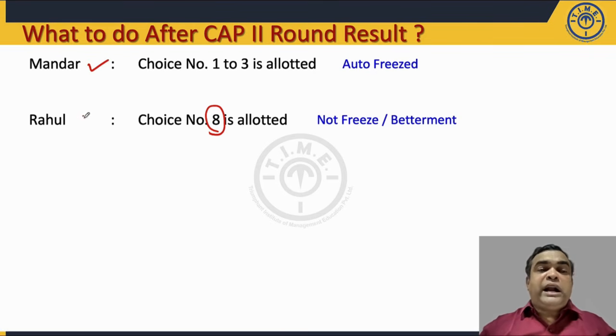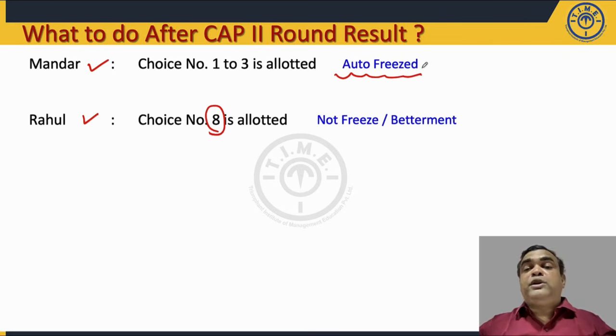So Mandar and Rahul both will pay seat acceptance fee of 1,000 rupees, but Mandar's admission is auto freeze. His admission is confirmed. He needs to visit the college and pay the college fee also. Rahul is going for not freeze betterment. He has to pay that 1,000 rupees only and go to the next round.